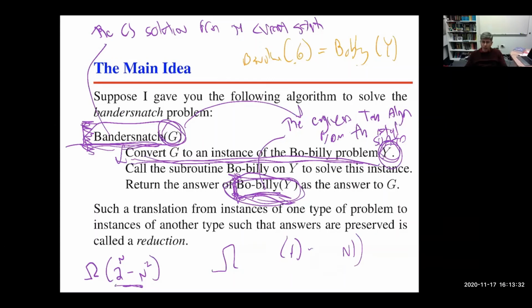If I knew a way to make it from when everything was put away, then I could translate my original problem to the problem where everything is put away by simply cleaning it up. So the reduction here is the act of cleaning up.